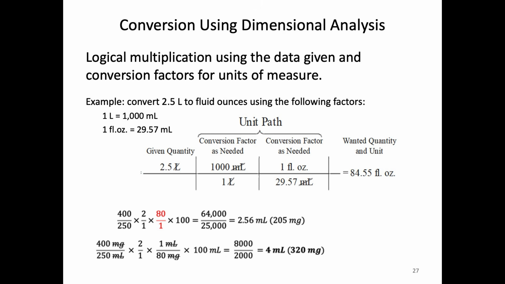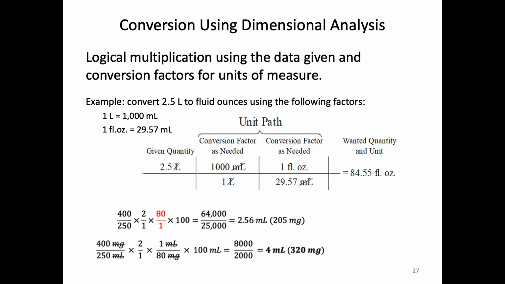So 2.5 times 1,000, then divided by 29.57 gives me the correct final answer of 84.55 fluid ounces. Again, using this setup, before you do any math, write out the whole question and go from the units you're starting with to your final desired answer units, and make sure your units are canceling, whether you're multiplying or dividing, before you do any of the math.